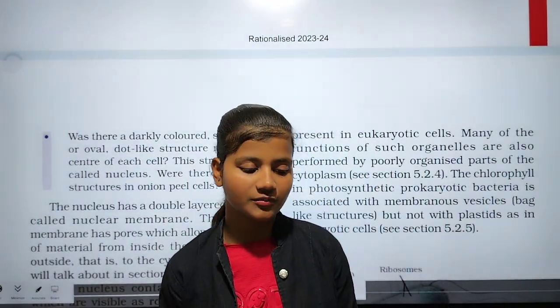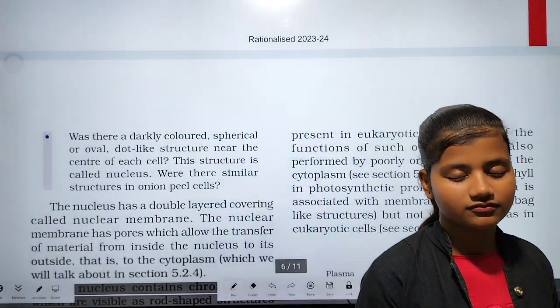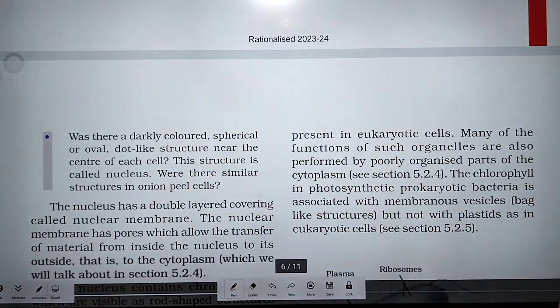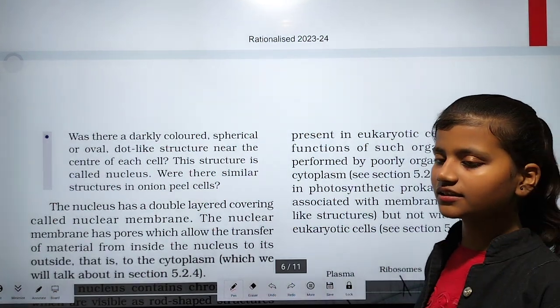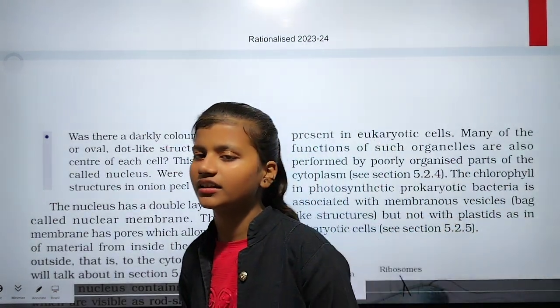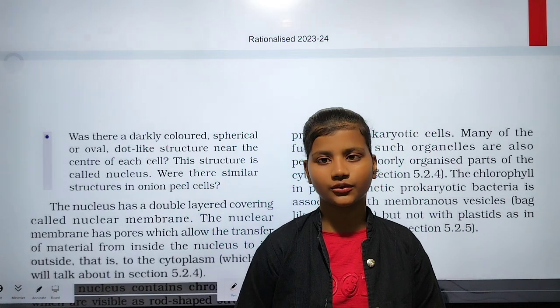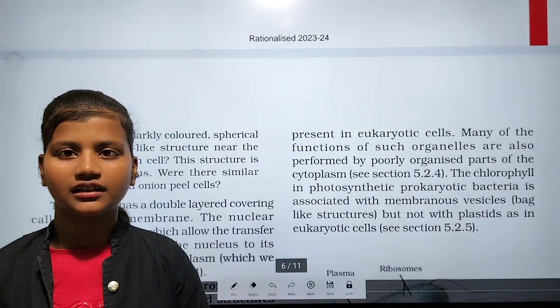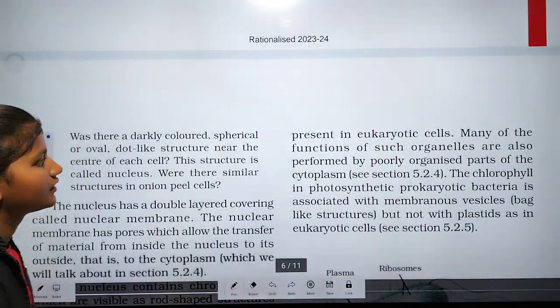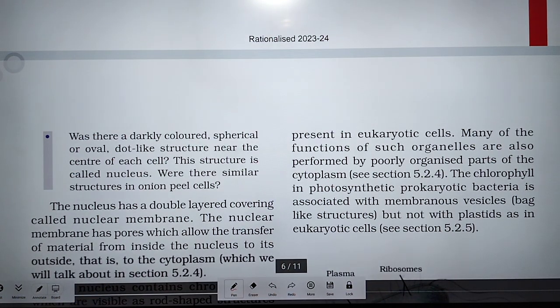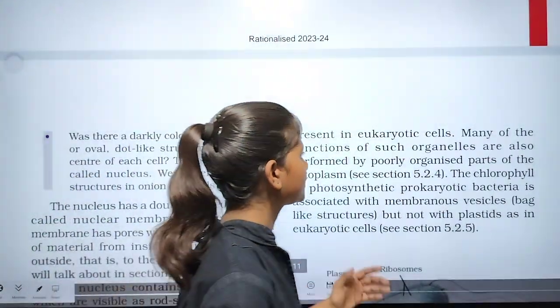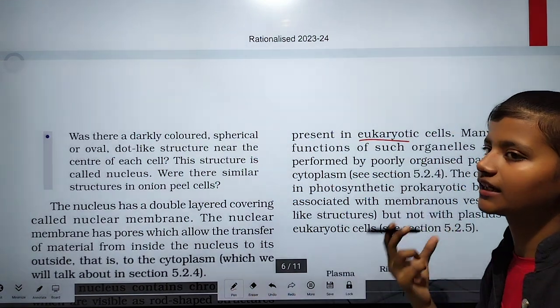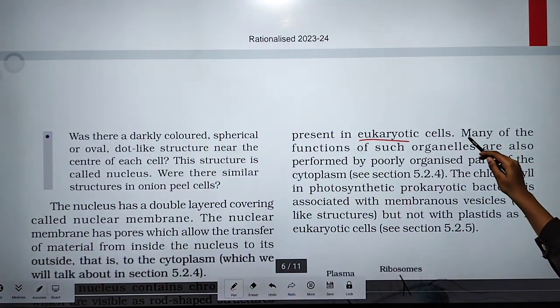The well developed nucleus is absent, and these organelles, which are very important and perform very significant functions in the cell, are not present in a prokaryotic cell, but are present in eukaryotic cells like plants and animals.